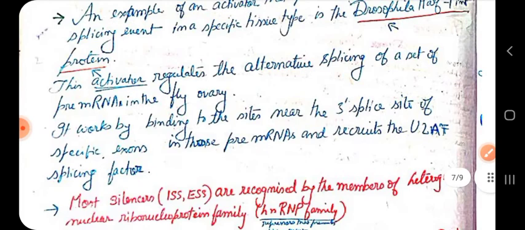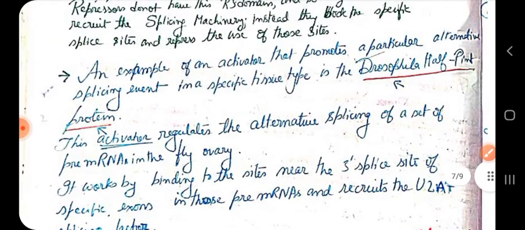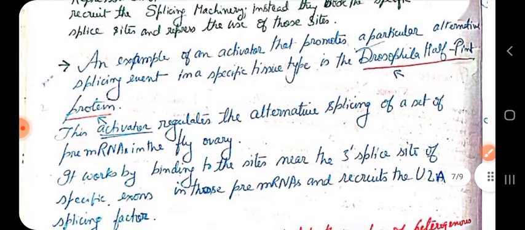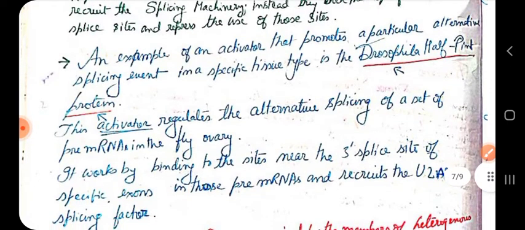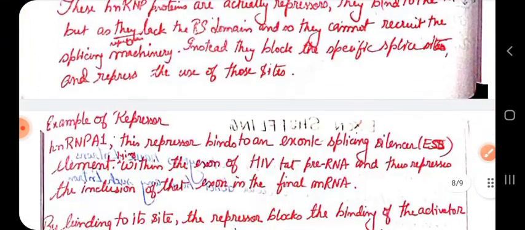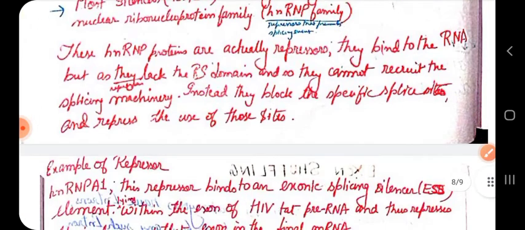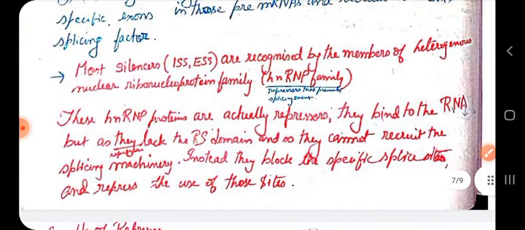Okay, one more example has been given about the activator. I have discussed the activator here, like the SR proteins. Let us try to discuss a repressor now, how the repressors prevent the splicing process.